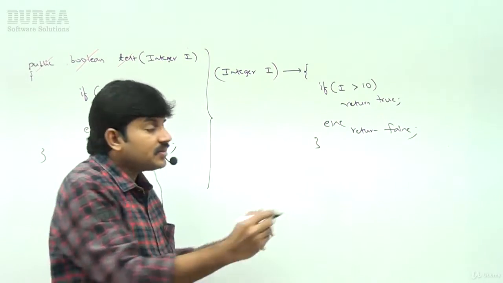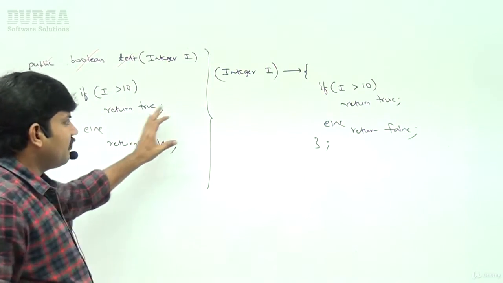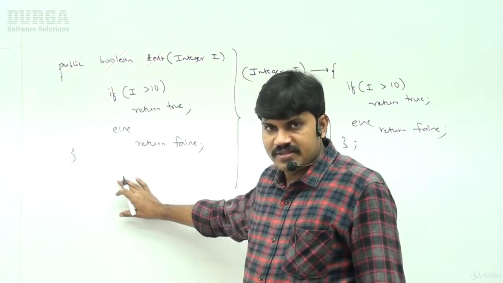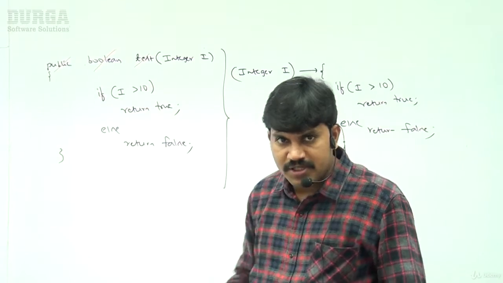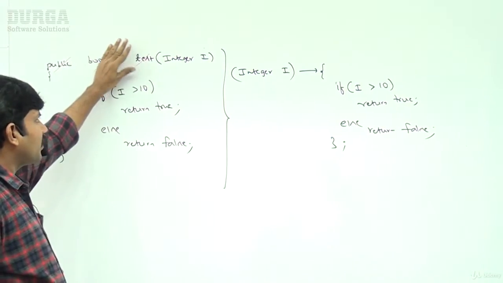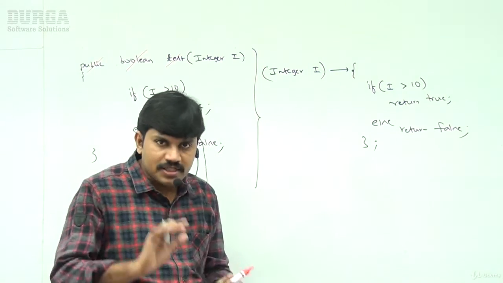That's all. This is the equivalent lambda expression for the given method. How to write a lambda expression? If I have a Java method, how to convert it into a lambda expression? It's very clear: just remove the modifier, remove the return type and remove the method name. This is the corresponding lambda expression.